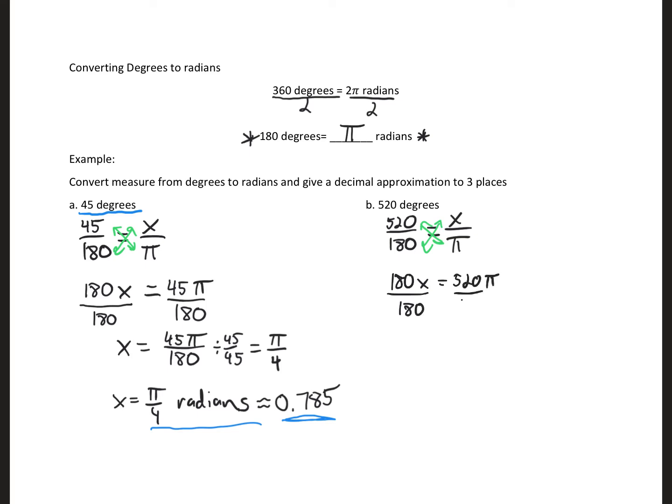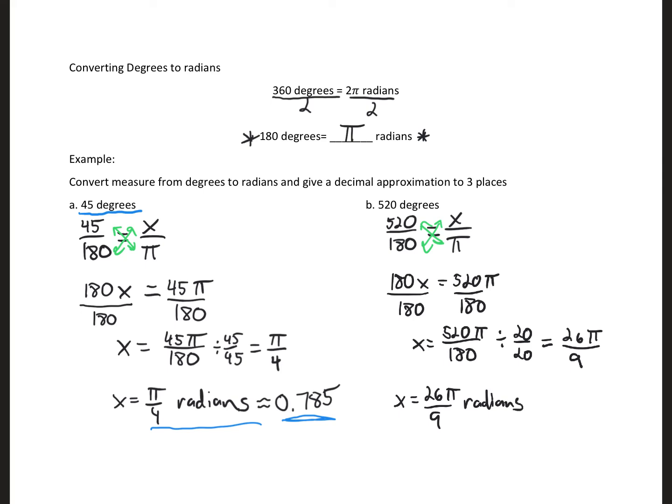Dividing by 180, x equals 520 pi over 180. We can divide both of those evenly by 20. And so what we'll get is 26 pi over 9. So x is 26 pi over 9 radians. So 520 degrees is the same thing as 26 pi over 9 radians.